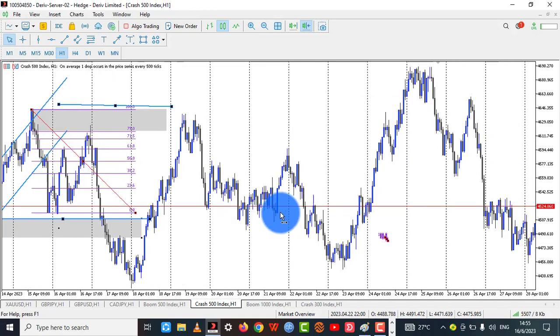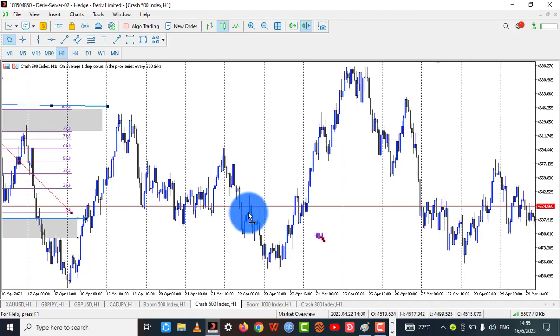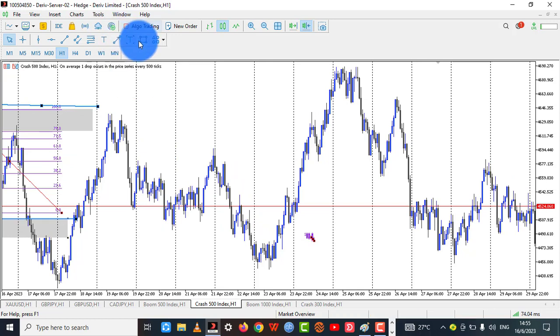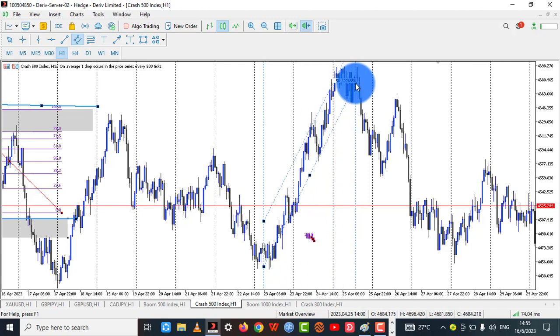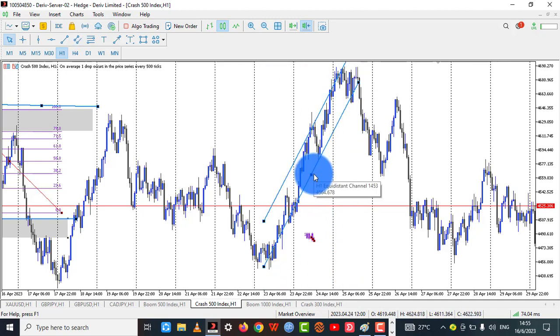Here's another good example of a crash market. Mark your equidistant channel. This is your flag pattern, and you're waiting for price to break out of this structure.